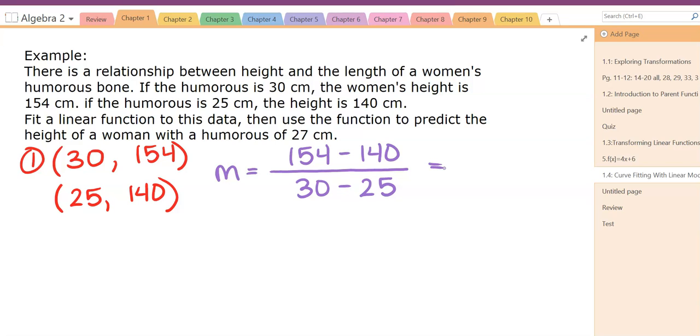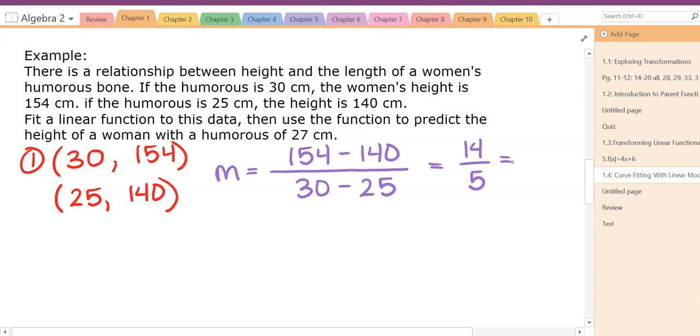It's y's over x's. So we have 14 over 5.